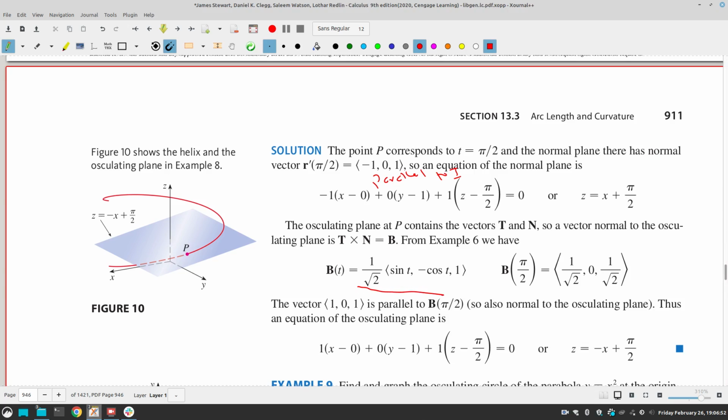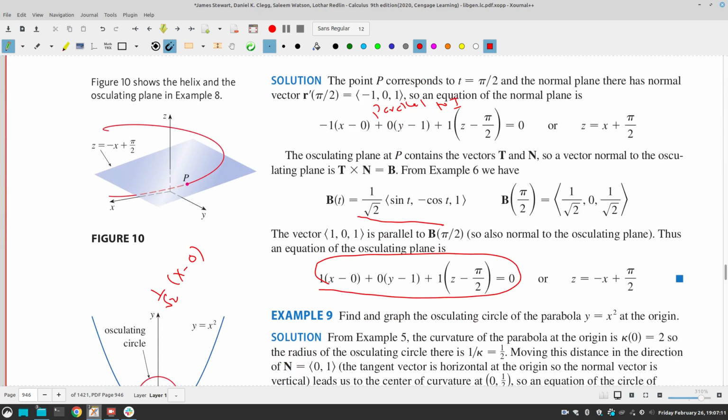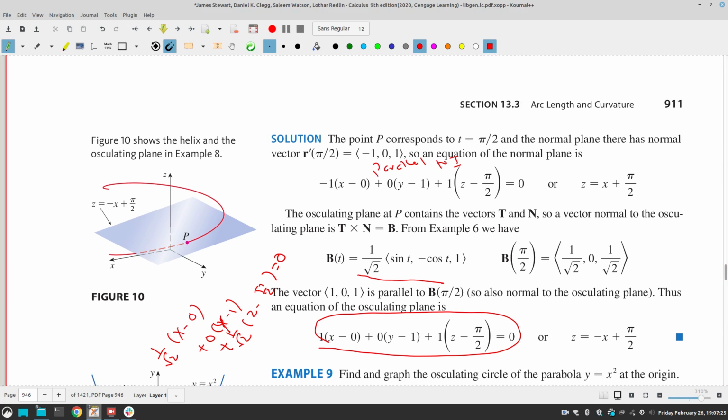If this is perpendicular to the osculating plane, then using the dot product, 1 over root 2 times x minus 0, plus 0 times y minus 1, plus 1 over root 2 times z minus pi over 2 equals 0, or z equals negative x plus pi over 2. So z equals x plus pi over 2 is the normal plane, and z equals negative x plus pi over 2 is the osculating plane.